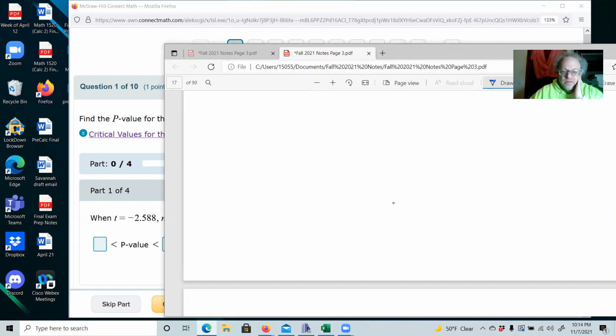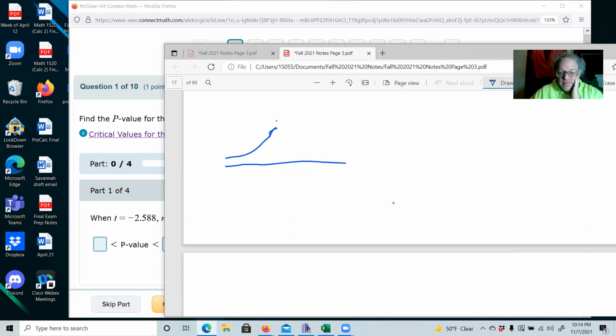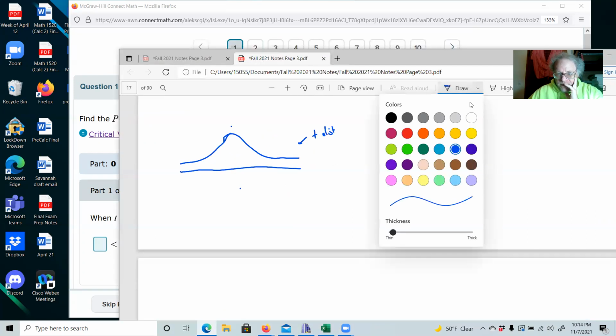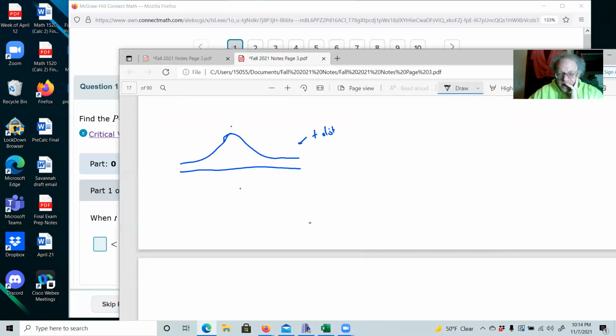This is very similar to the confidence intervals with sigma unknown, where we have to use something called the t-distribution. It's symmetric like the normal distribution, but whereas the normal distribution has very small tails, the t-distribution doesn't have quite as small of a tail.